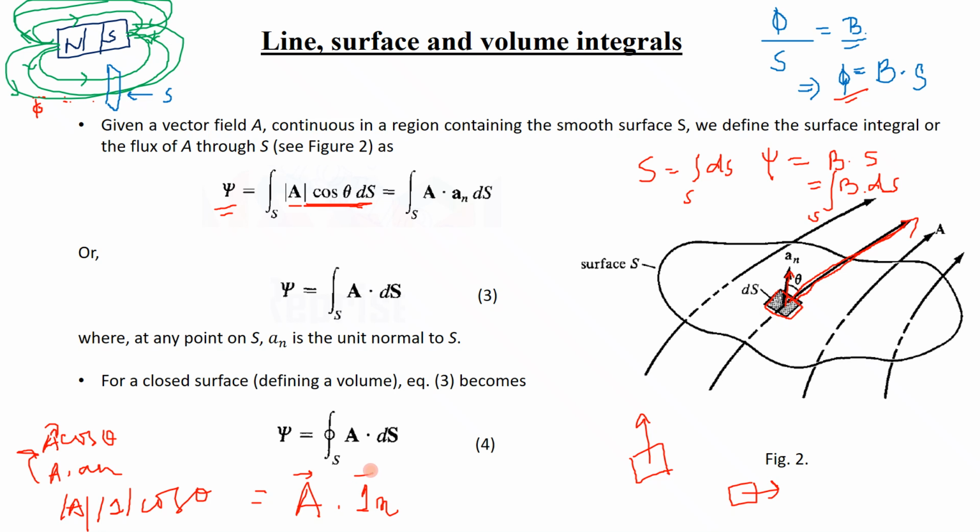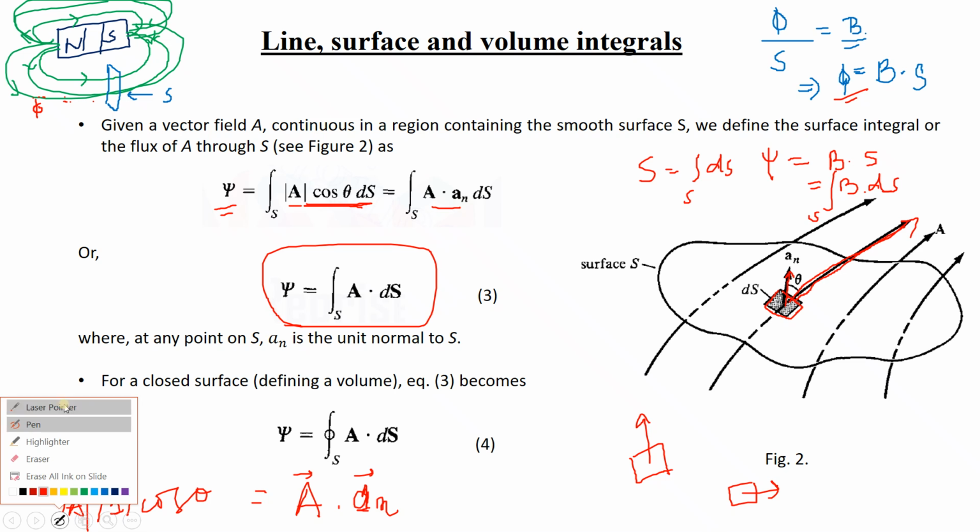It is nothing but vector A dot a unit vector, also written as a_n or A n.